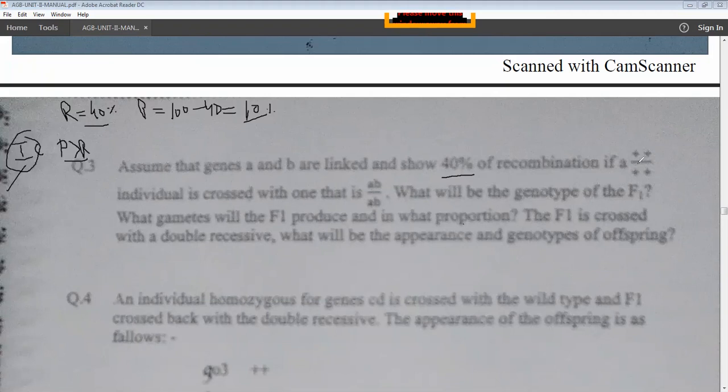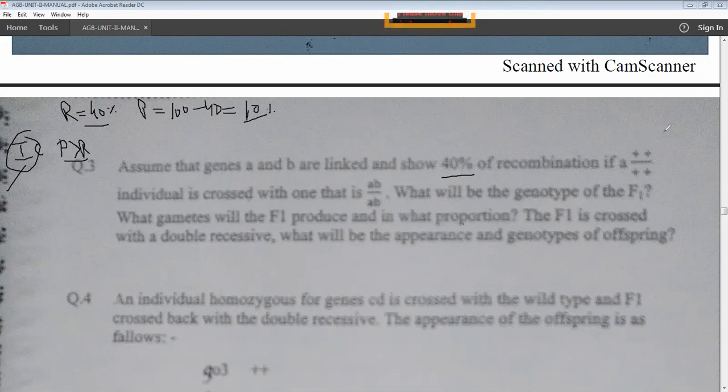Now the plus individual is crossed with the ab. What gametes will be produced when we cross?